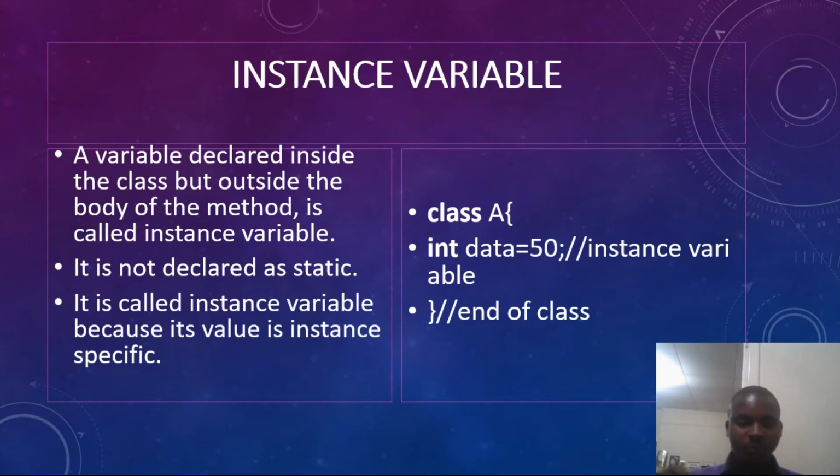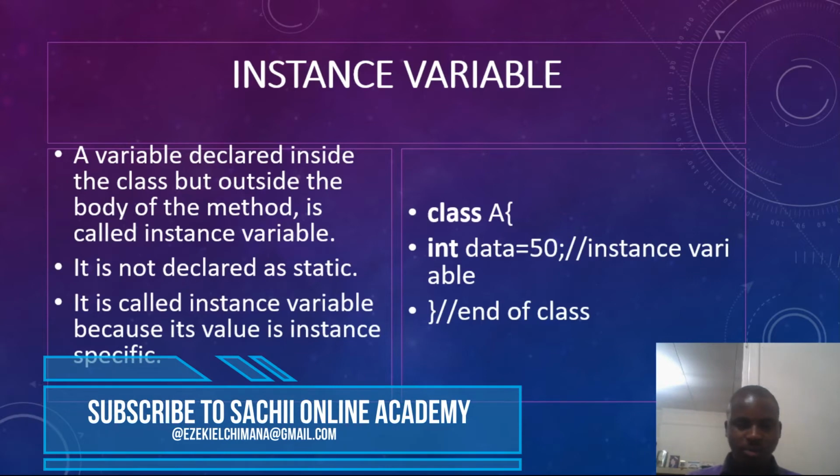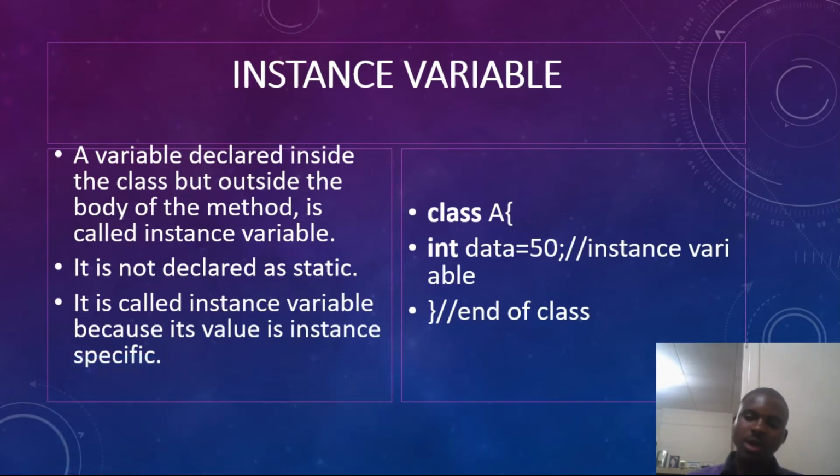If we have an instance variable of a string called name, it is going to store my name as an object, Ezekiel, which is a specific instance, and the other one will store the name Jimmy, which is a specific instance. That's what it means.